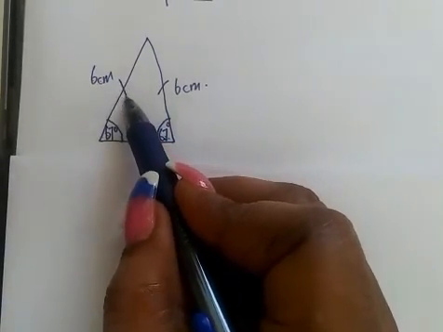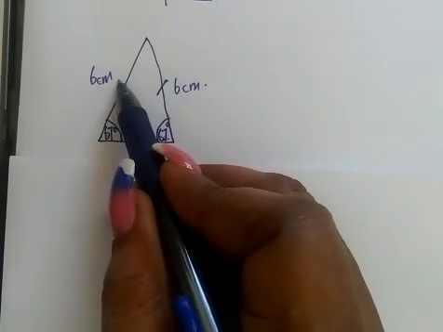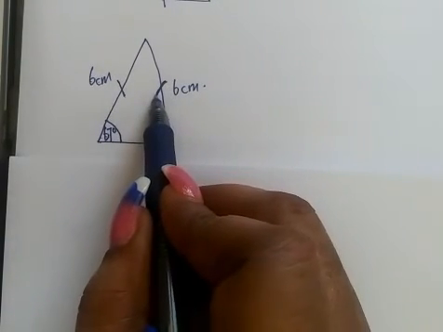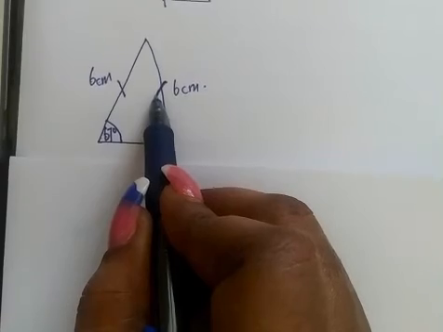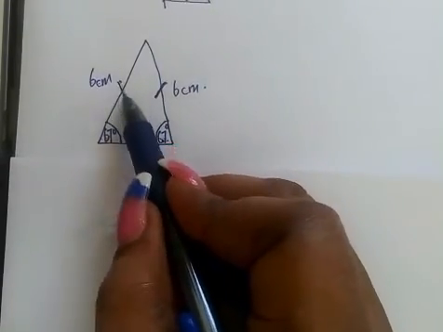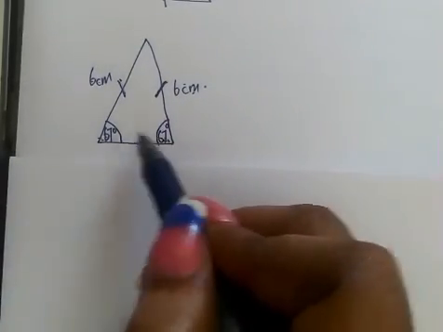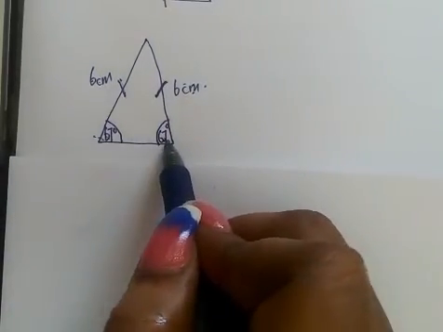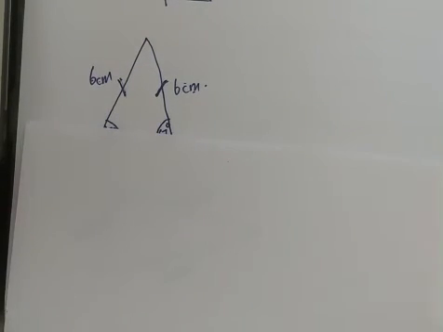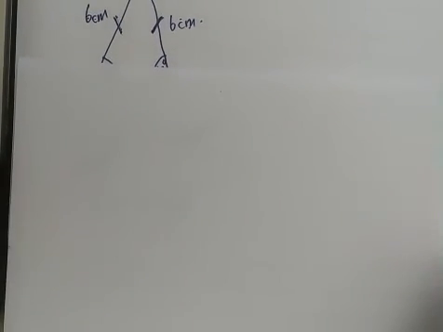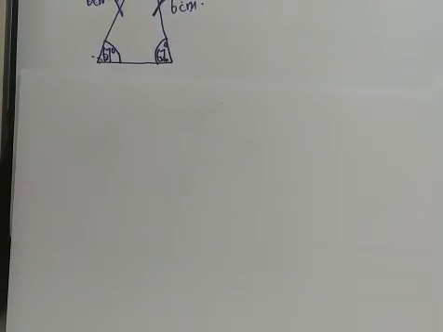This is my indication that will tell me it is an isosceles triangle where two sides measure the same. See my measurements here, and two angles of the exact same degrees. Those types of triangles are called isosceles triangles.